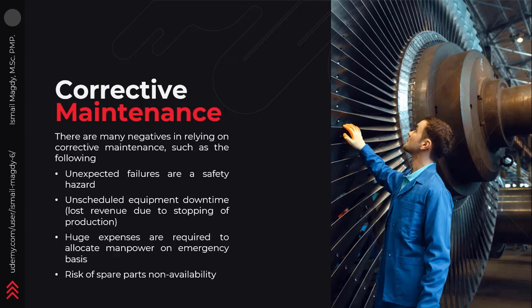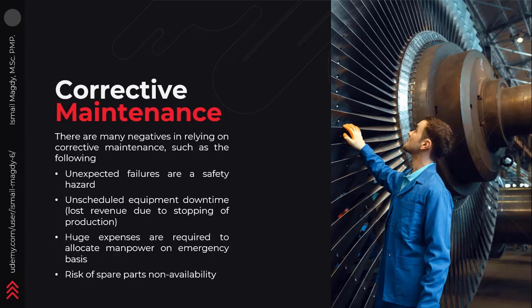In addition to that, in order to allocate manpower immediately on emergency basis to repair the equipment, this is going to be more costly than planned maintenance tasks. And finally, we will face the risk of non-availability of the required spare parts due to lack of knowledge about the nature of the failure. And some of the spare parts could be long lead items, which means they can't be available immediately, which means even longer downtime.